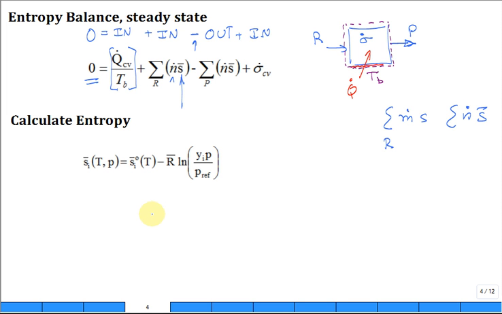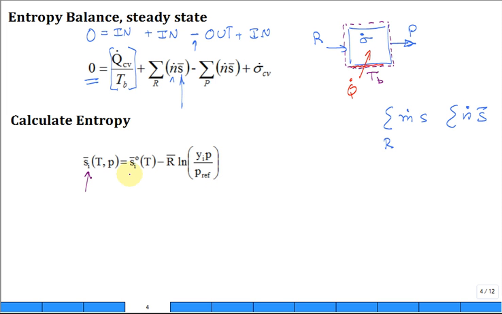They calculate the entropy for an individual species i, let's say O2 or N2 or CO2, as the entropy as a function of temperature only, minus R bar times a natural log of a function of pressure. That should look familiar from the other equations we had for entropy already in this class.